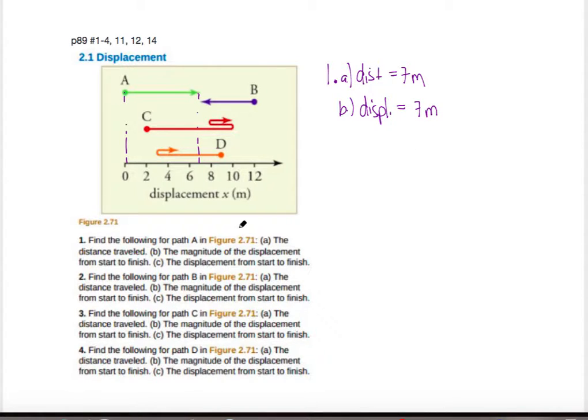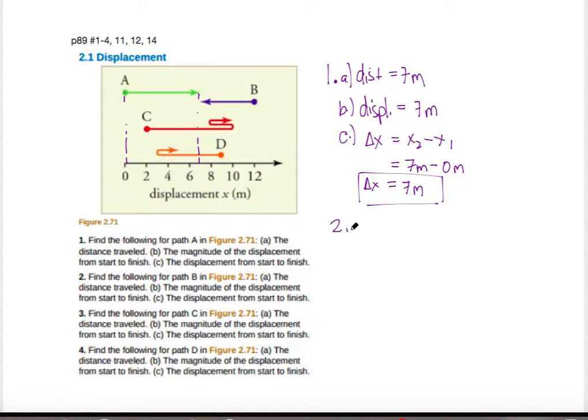Then C is just to distinguish between the magnitude of the displacement and the actual displacement. So if I look at the displacement, I calculate delta x as x2 minus x1. So x2 is the 7 meter mark minus x1, which is the 0 meter mark. So my displacement for number 1 is just positive 7 meters.